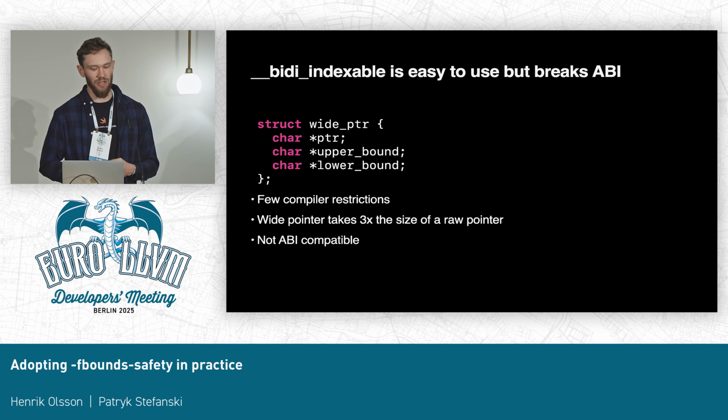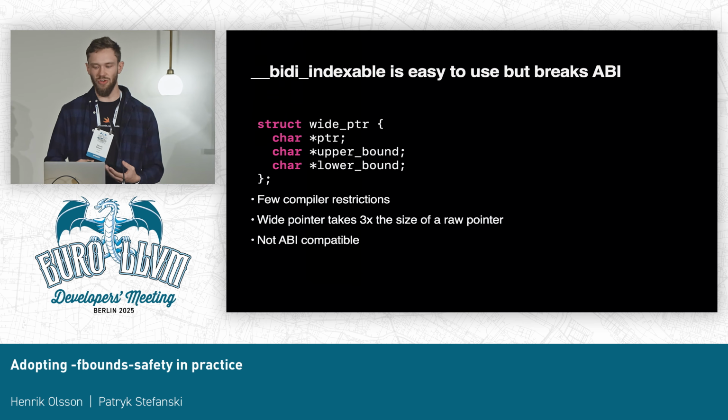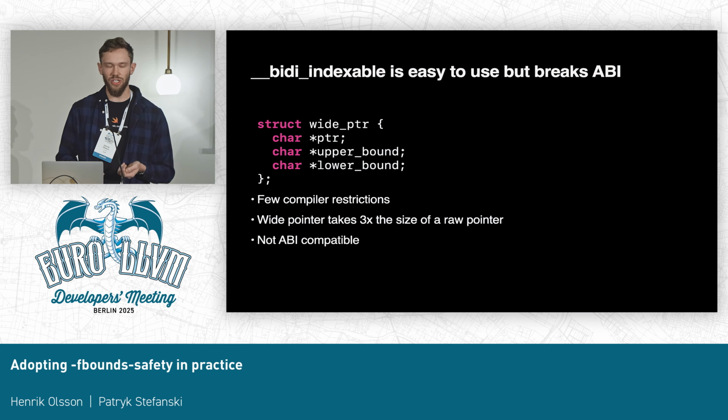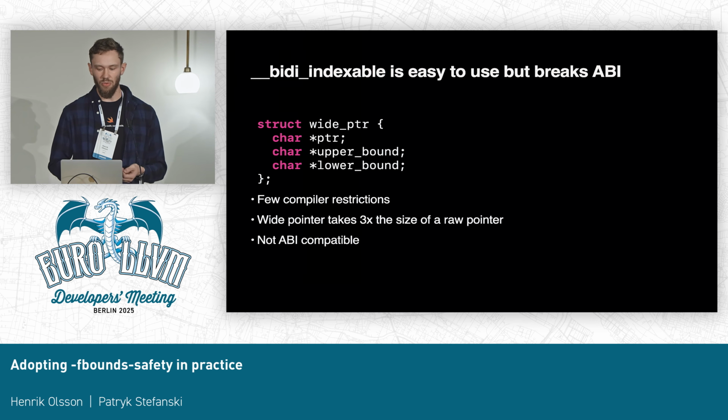So bidi_indexable is very flexible. The compiler will allow almost anything because it has so much information to use for runtime checking. However, since it changes the pointer representation, it's not ABI compatible with normal pointers. So the caller must be aware that the function is expecting a wide pointer.